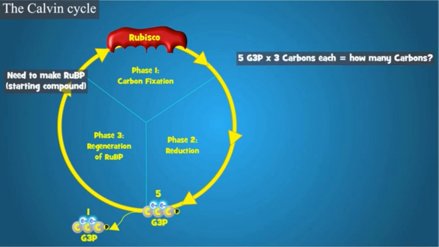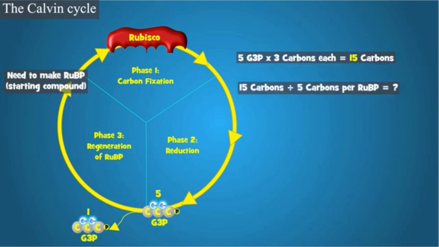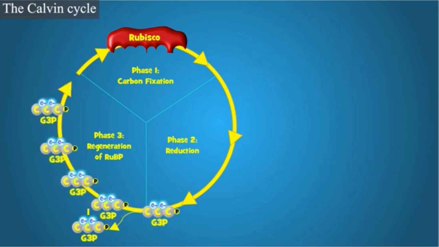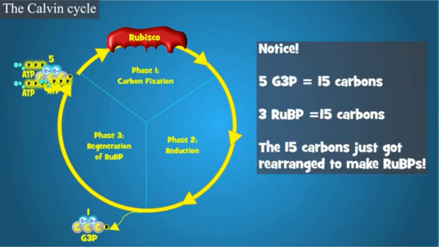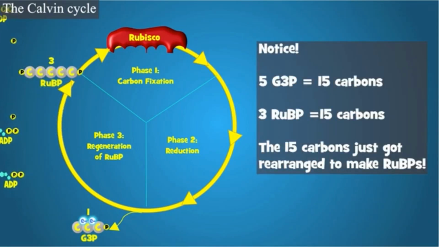Since we have 5 G3P molecules and each one has 3 carbons, in total we have 15 carbon atoms. And since we want to use them to make 5-carbon RuBP, we can make 3 RuBP molecules. To do this, energy is required in the form of 3 ATP molecules. Finally, 3 RuBPs are regenerated and ready to enter the cycle again.